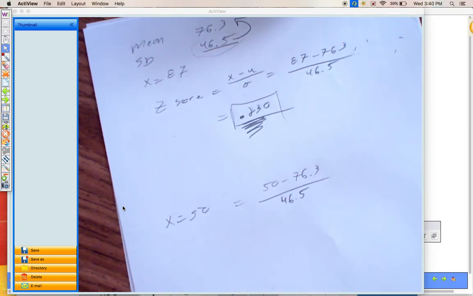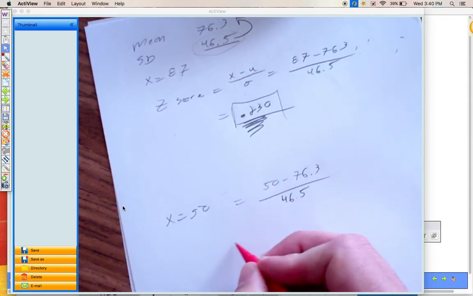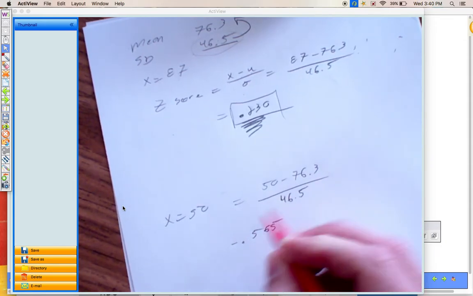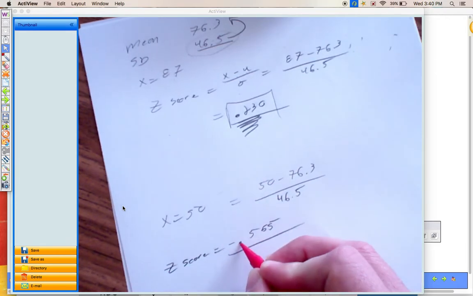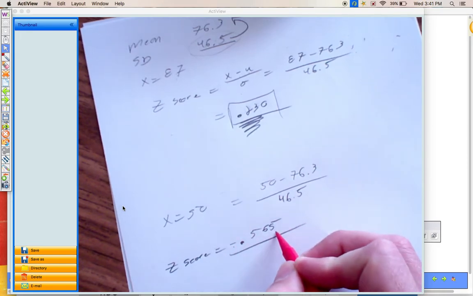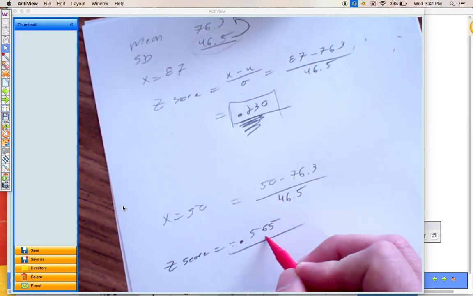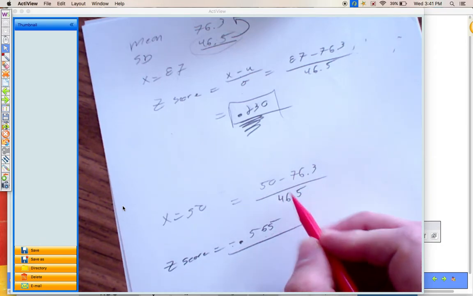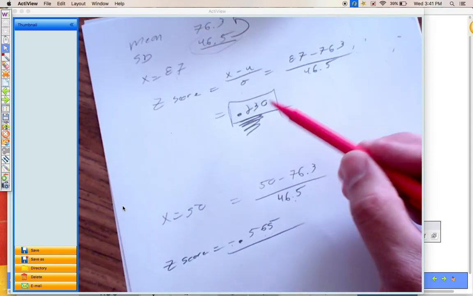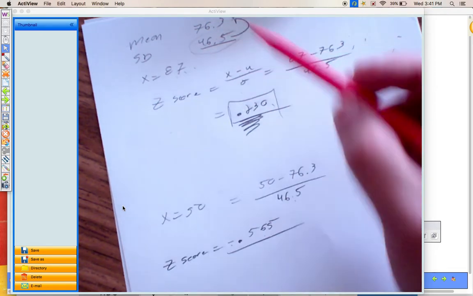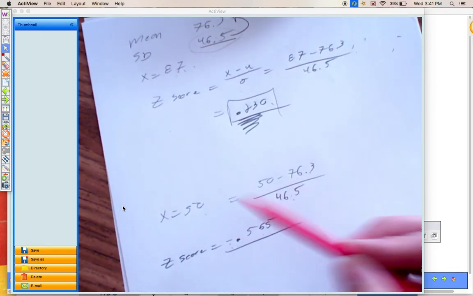Doing my math, I'm going to be negative 0.565 standard deviations below my mean. When your z-score is negative, you're going to be below the mean. So I'm a little over a half of a standard deviation away from my mean. Your z-score is how many standard deviations you are from the mean. A positive z-score tells you you're above it. A negative z-score is going to tell us you're below it.